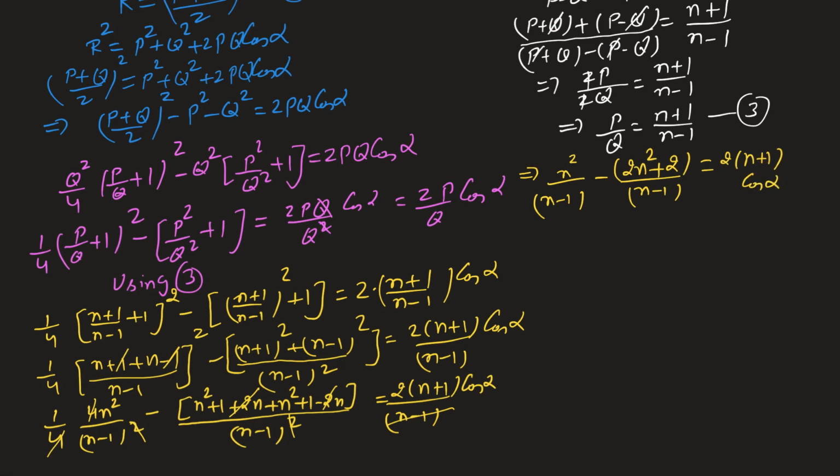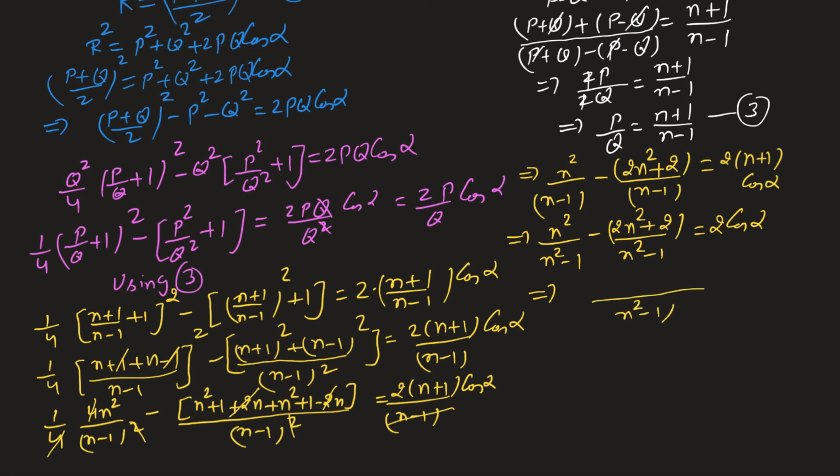Here this 2n plus 1 will go into the denominator over here. So n minus 1, n plus 1 will be n square minus 1. So this implies that n square by n square minus 1 minus 2n square plus 2 by n square minus 1 is equal to 2 cos alpha. Now taking this as LCM, this will be n square minus 2n square minus 2 is equal to 2 cos alpha.